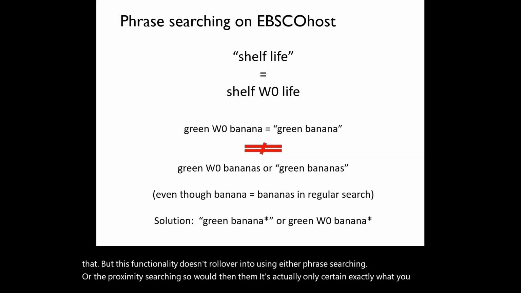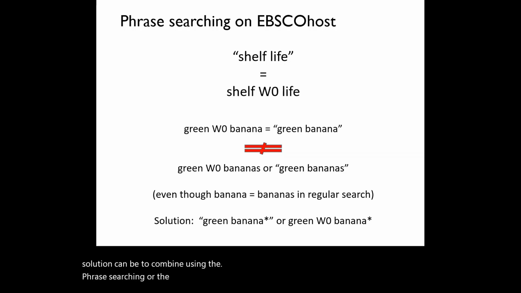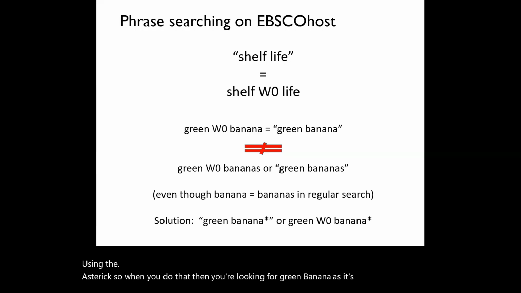So a solution can be to combine the phrase searching or the within searching with a truncation mark, using the asterisk. So when you do that, then you're looking for green banana as it's typed, or green bananas.